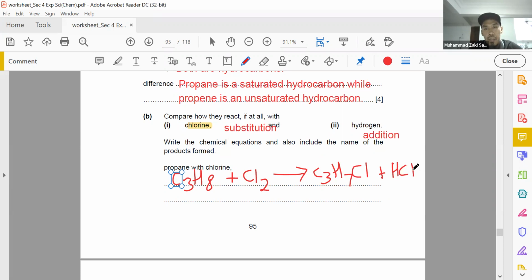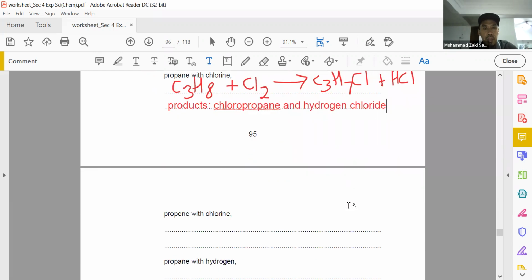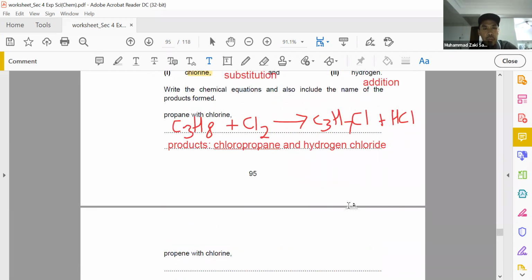Okay, right. So for the names of the products, you have to write them down there. You have to be hardworking in order for you to score the full marks. So we have chloropropane. HCl is hydrogen chloride. Okay, right. Next, B, propene with chlorine.